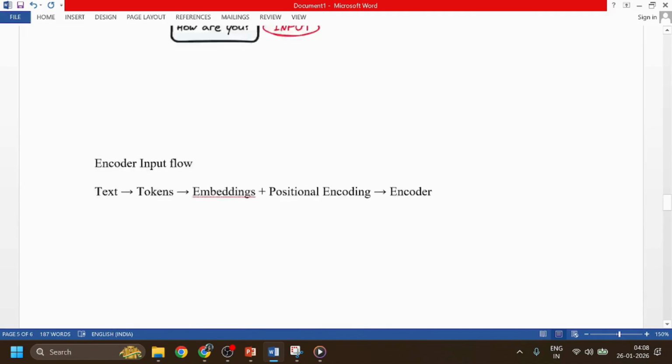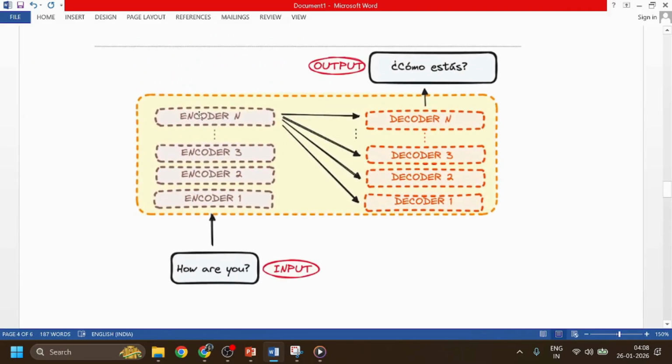We have multiple layers, 1 2 3 4, these are the encoder layers one by one, and they follow the same structure.